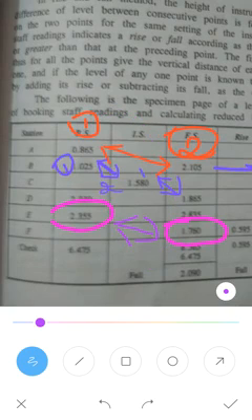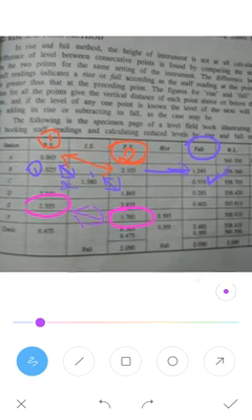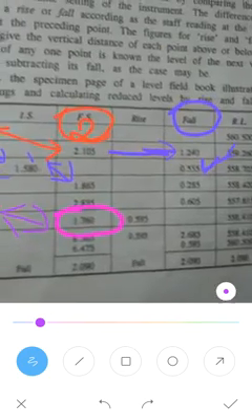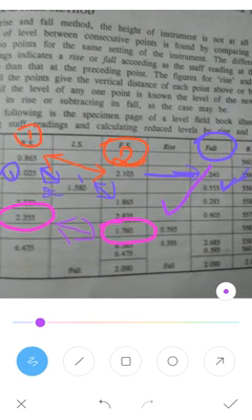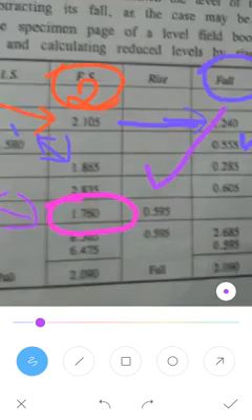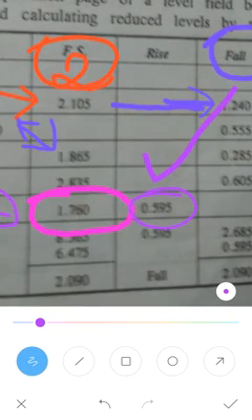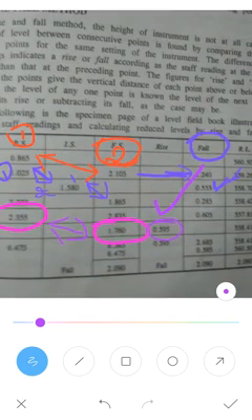So 2.355 minus 1.760, you will get a positive value of 0.595. So that's why it is in the rise column. You got a positive value, so you got 0.595, and that completes the rise and fall column.